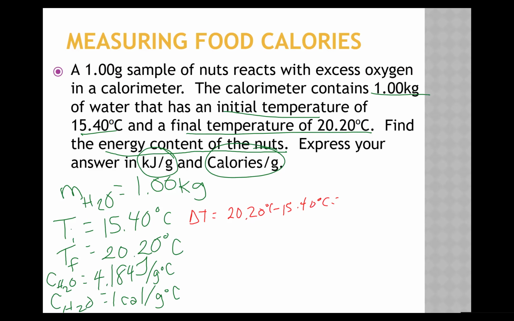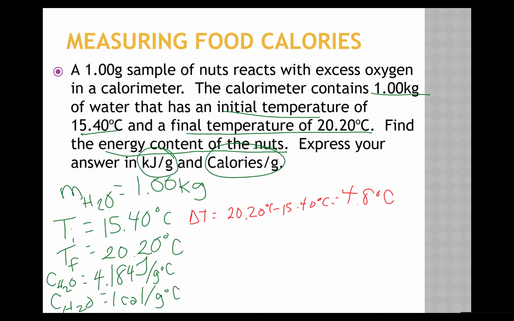Let's put that in my calculator. 20.2 minus 15.4 gives me 4.8, a change of temperature of 4.8 degrees Celsius.